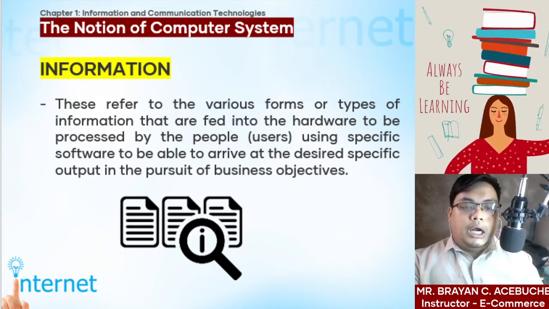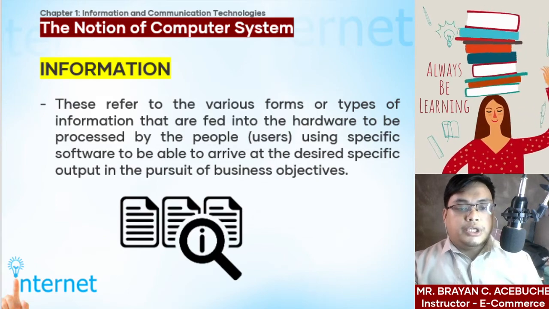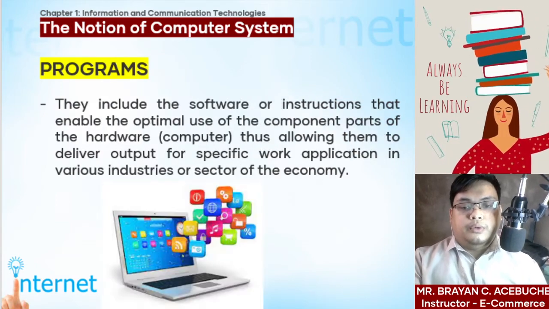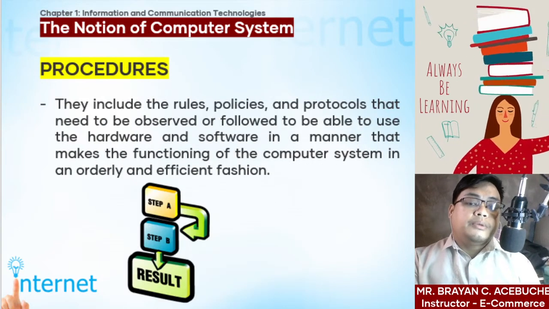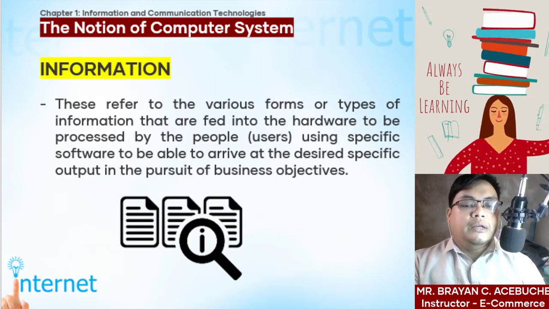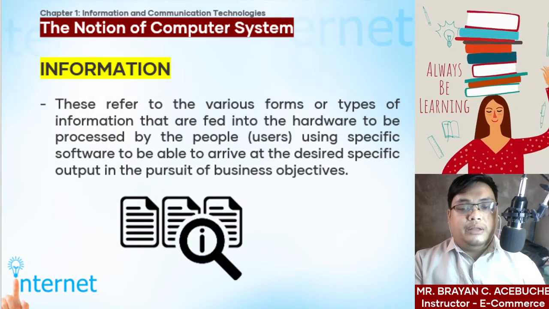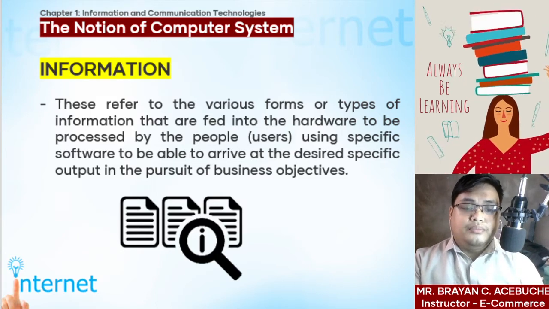So those are the 5 notion of computer system. So ulitin natin, we have the hardware, people, programs, procedure, and information or the processed data.